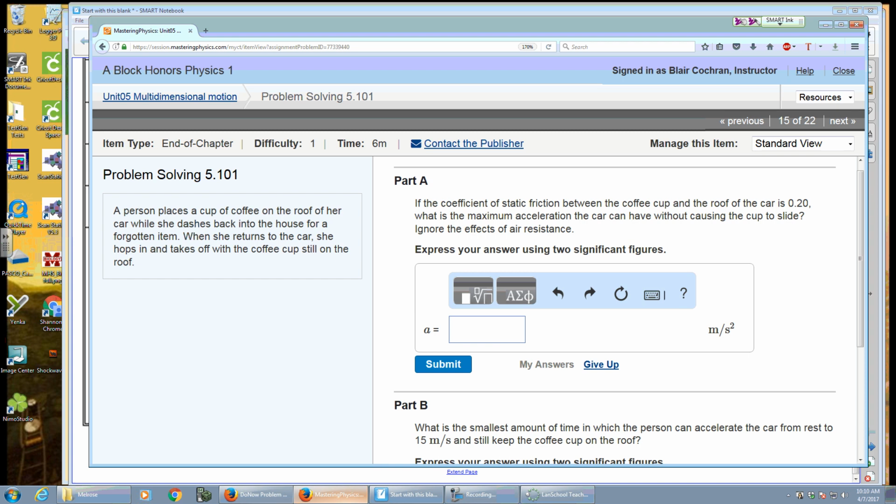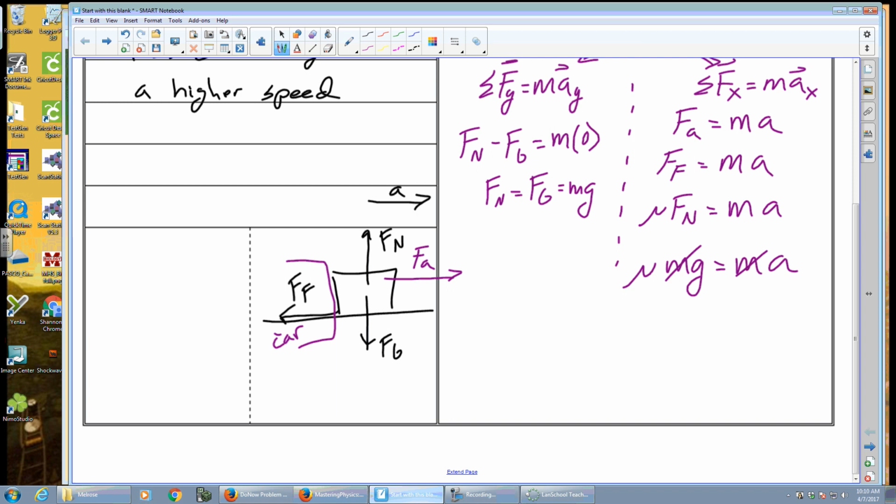The coefficient of static friction is 0.2. So that means mu is 0.2. So 0.2 times 9.81 newtons per kilogram equals a, whatever a is.